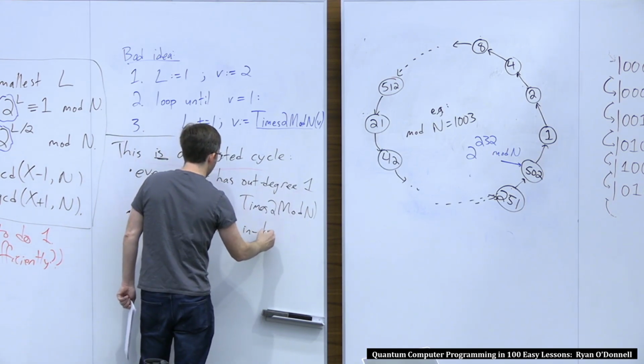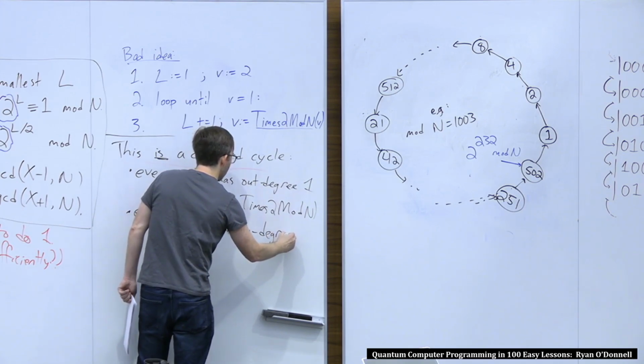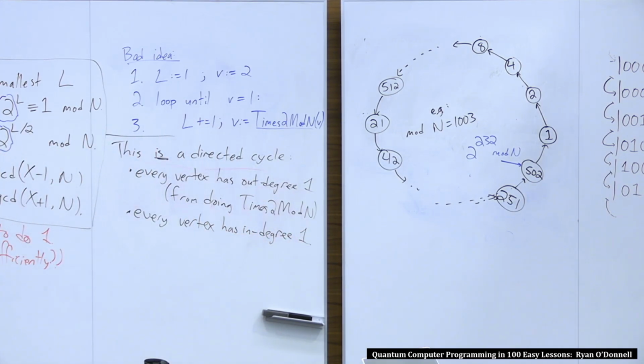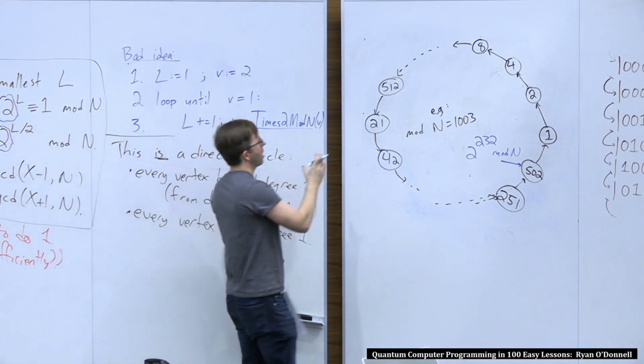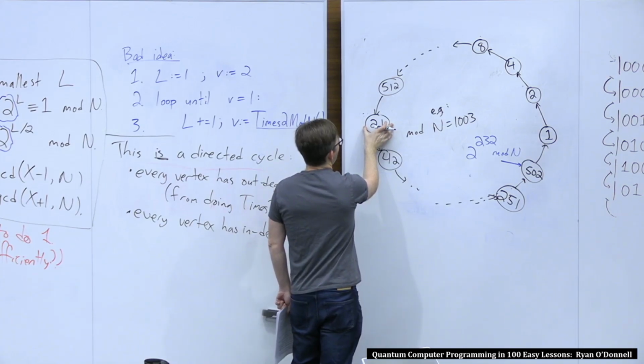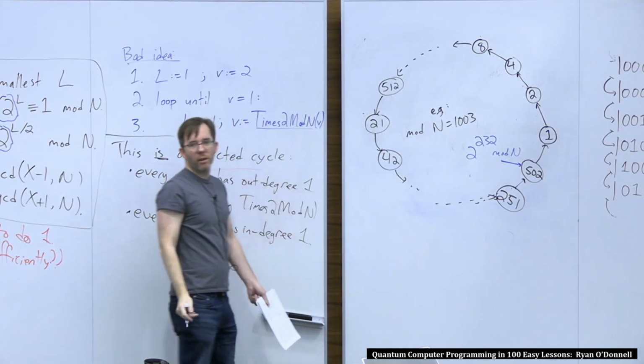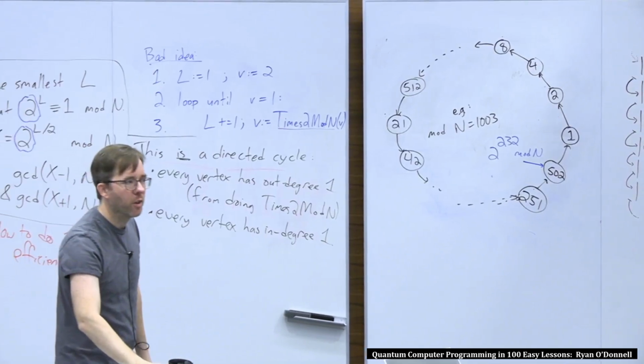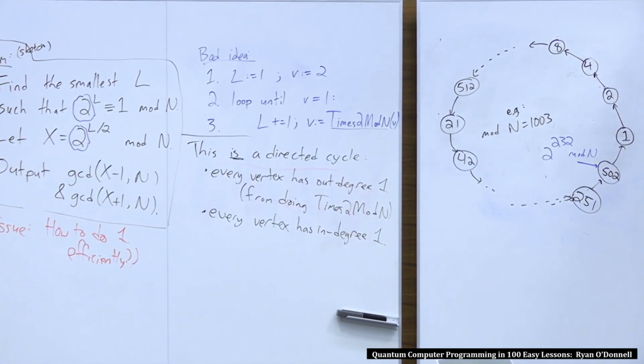I'll ask you, why is this the case? If you keep making this graph, I claim that any vertex can only have exactly one predecessor. So why is that? Or you could say to yourself, how do I get to the predecessor? Like what little routine should I do in my head to figure out the predecessor of a number?